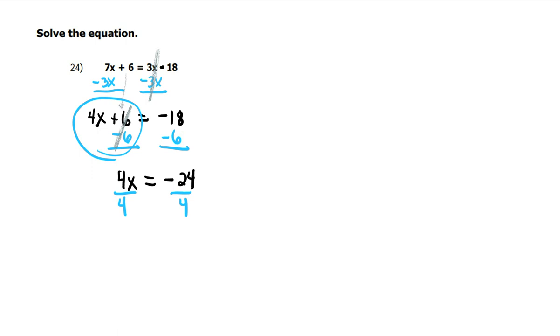Adding 6 and subtracting 6 are opposites of each other. They cancel each other out. And of course 4 over 4, 4 divided by 4 is 1. I've got 1x, or just x. A negative 24 divided by a positive 4 is a negative 6. So this should be my answer.